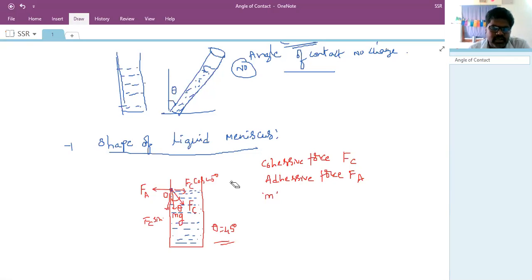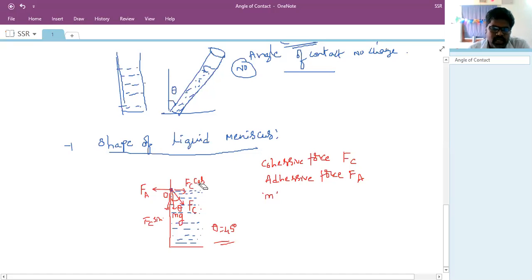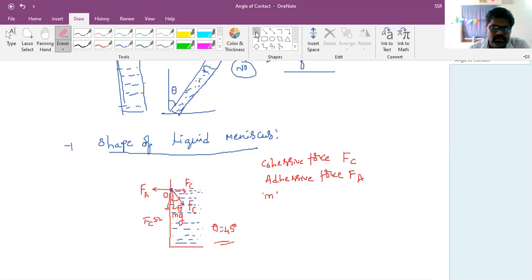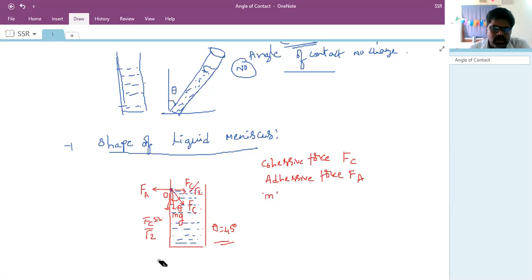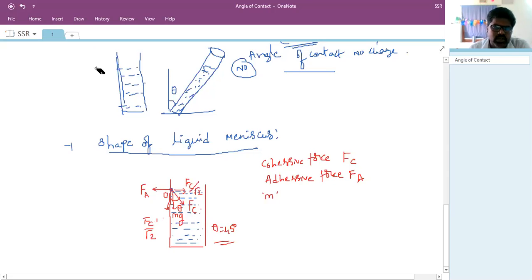Directly I can write Fc into 1 by root 2, that is Fc by root 2. Yes or no? Fc cos 45 is Fc by root 2, and Fc sin 45 is Fc by root 2. So this is about the values of forces resolved into components. Are you clear this?